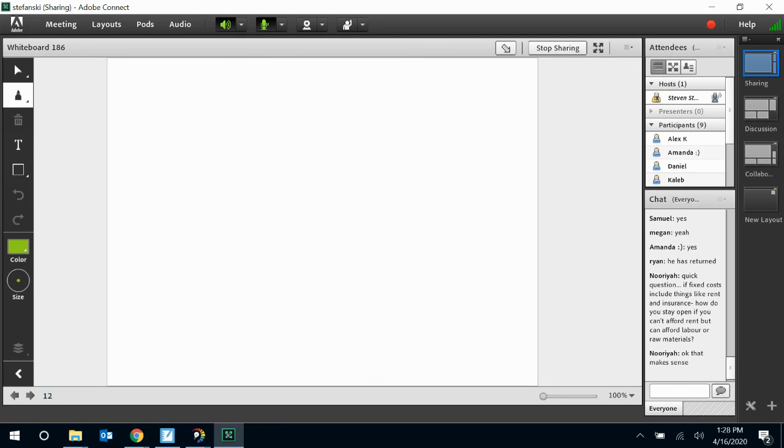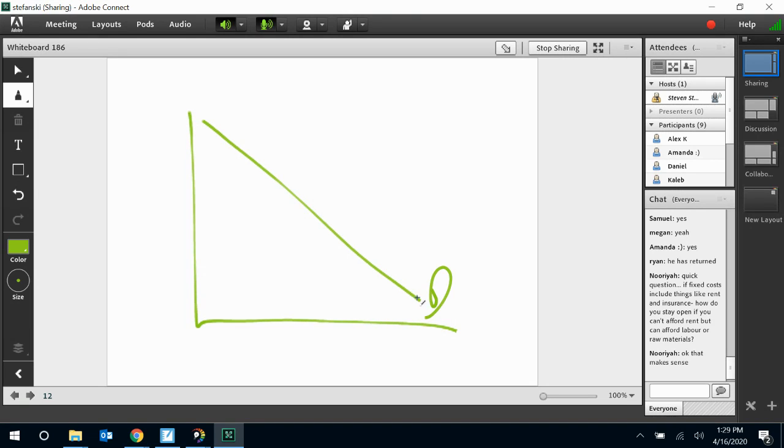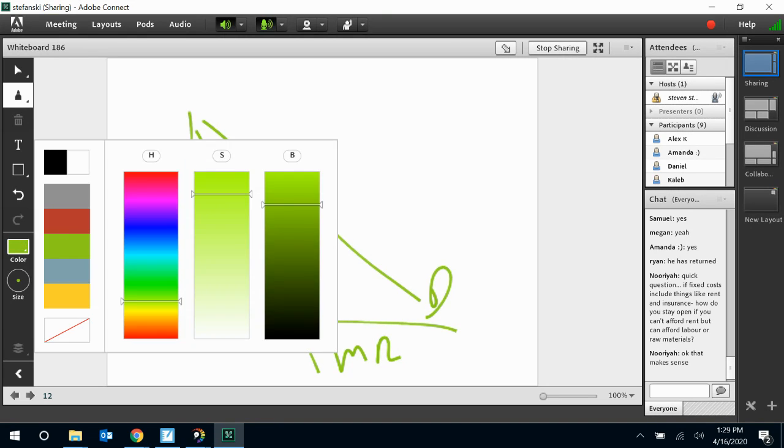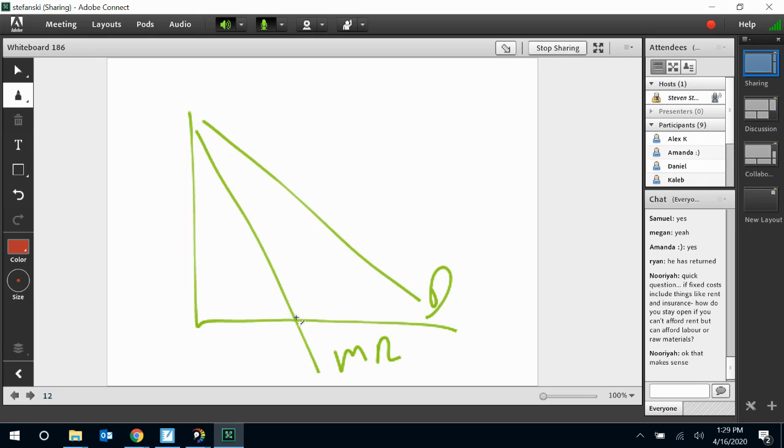So if we turn around and look here, this is the demand curve. Here's the marginal revenue curve. Okay. So, a couple things to remember here. If we look at this point right here and we dot up to the demand curve, this part of the demand curve is inelastic, and this part of the curve here is elastic.